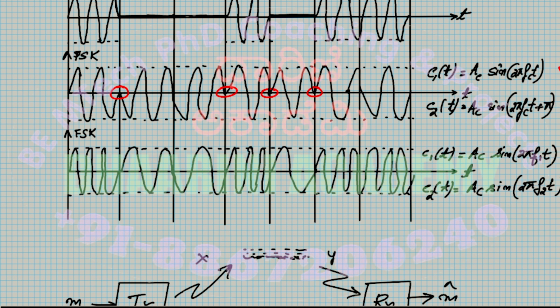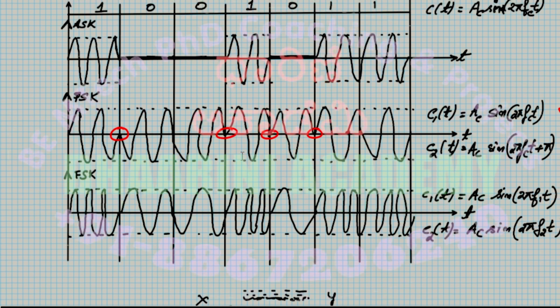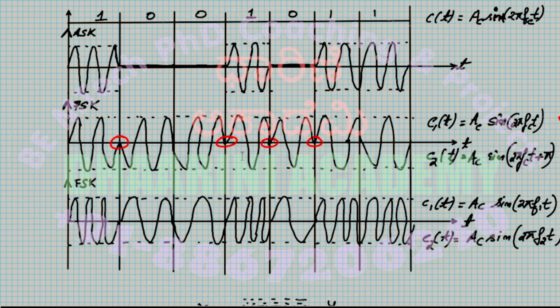So you see, when 1 is sent, I am having more oscillation. When 0 is being sent, I am having fewer oscillations. Just verify: the first bit duration has high frequency, then low frequency, again high frequency because it's a 1, followed by low frequency because of 0, then 1 high frequency.